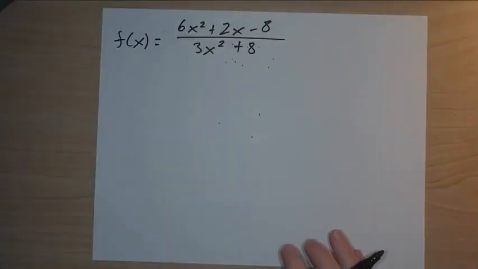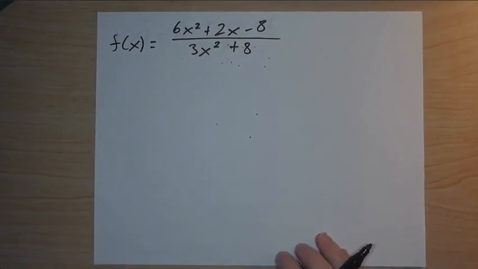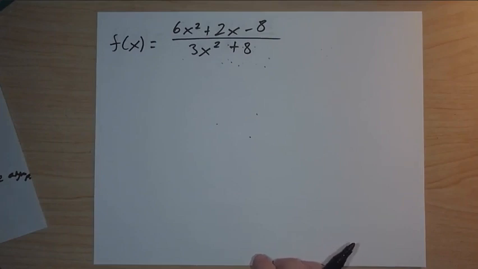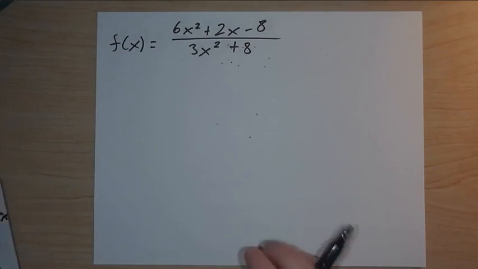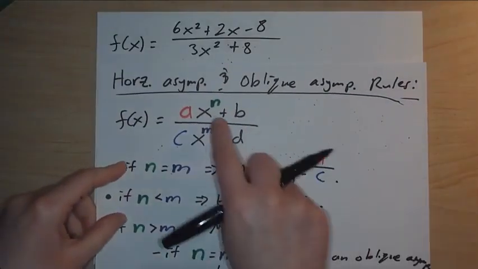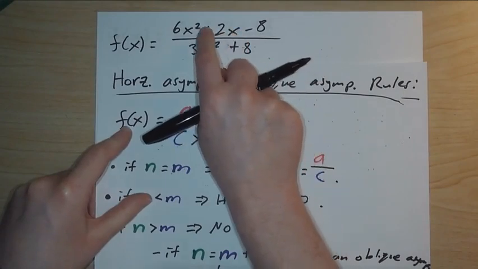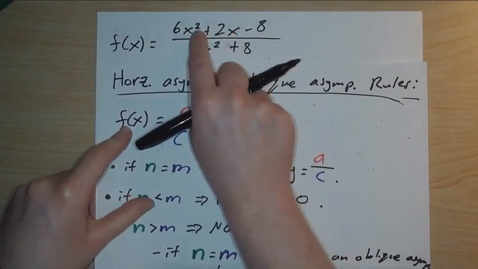So for the next example, we have this function right here, f of x equals 6x squared plus 2x minus 8 divided by 3x squared plus 8. Let's find the degree. It has to be the biggest x. There's an x here in the numerator, but we're going to look at the one that has the biggest exponent.